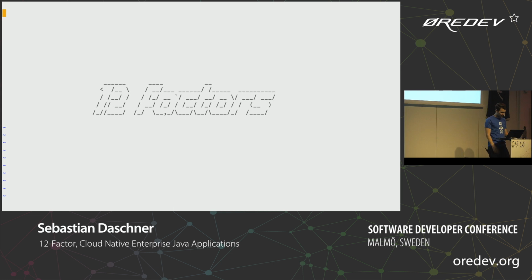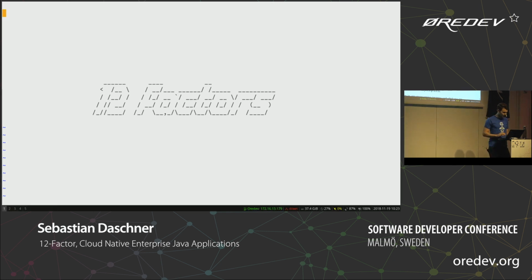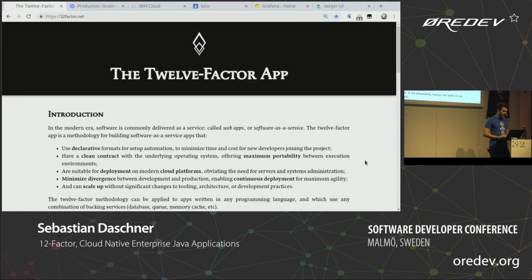So the 12 factors, to start with that, I'm going to briefly introduce what that is about. That's like a manifesto or a website published by the folks from Heroku. And it literally describes a modern software as a service / backend application. So there are a few concerns, 12 to be precise, that describe how we should build a modern enterprise application.